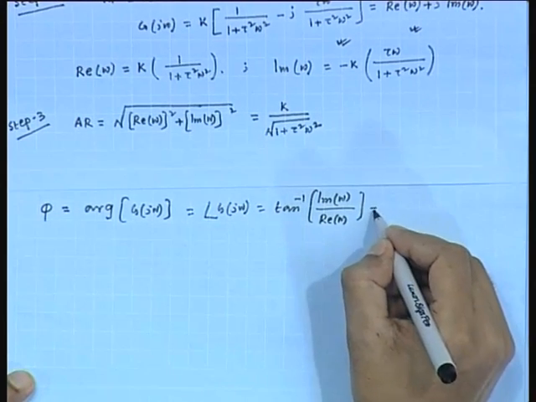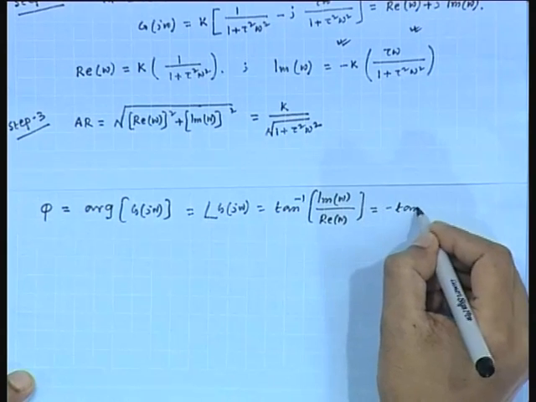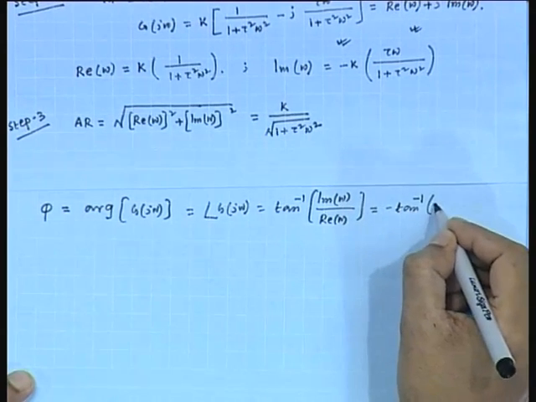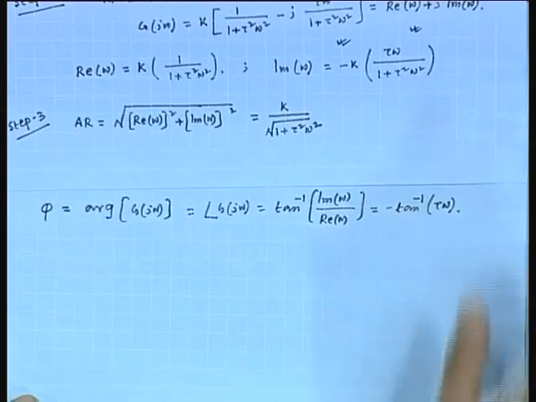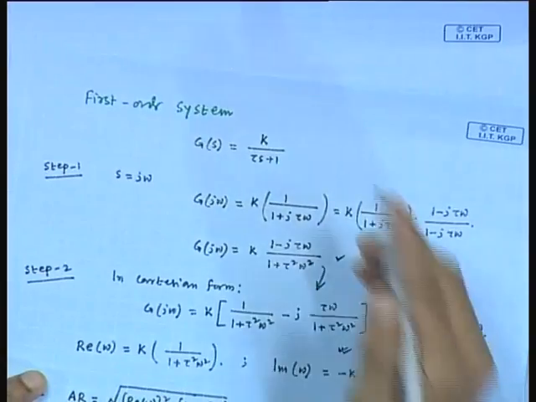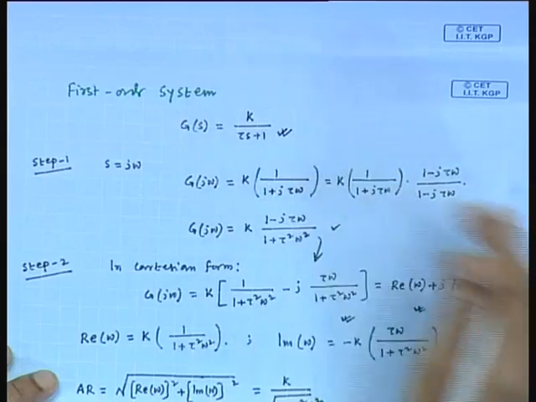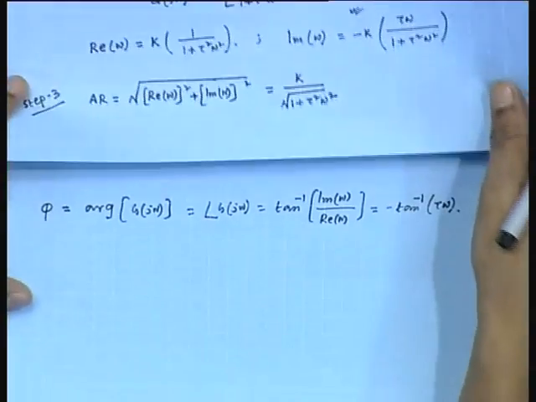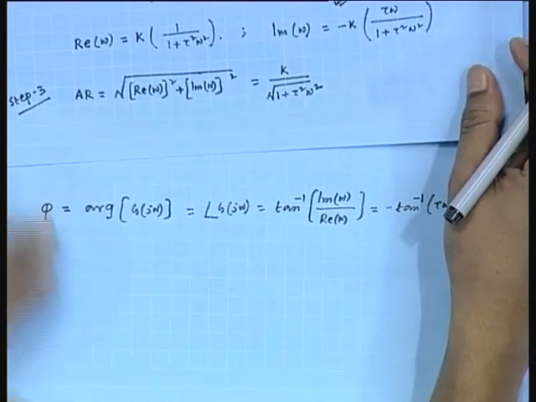Substituting imaginary and real part, we obtain minus tan inverse tau omega. Fine. So, for a first order system having the transfer function G(s) equals K divided by tau s plus 1, we obtain the expressions for amplitude ratio and phi representing the frequency response transfer function in Cartesian form.